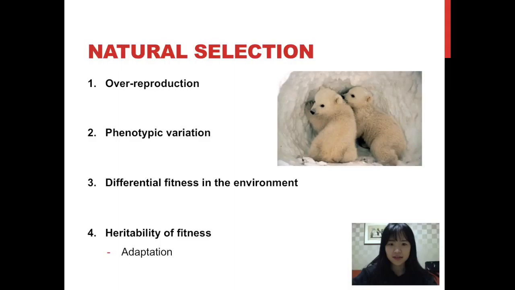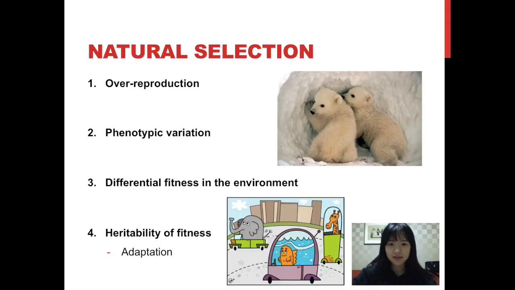The heritable traits of fitness can be passed from generation to generation. An adaptation is a genetic variation that is selected and manifested as a trait that provides an advantage for an organism to survive in a particular environment.